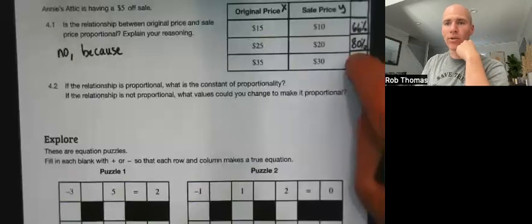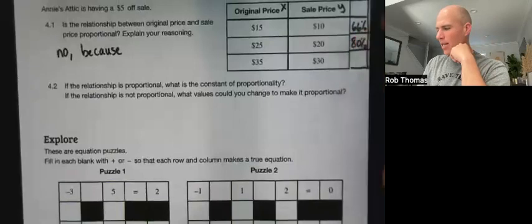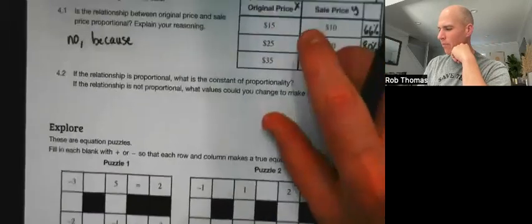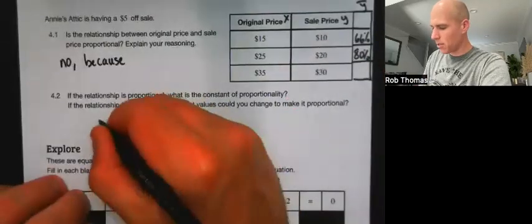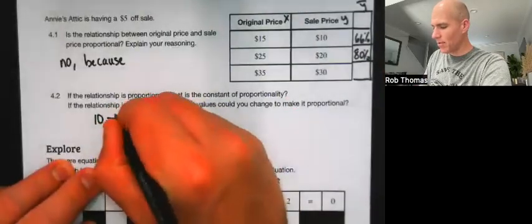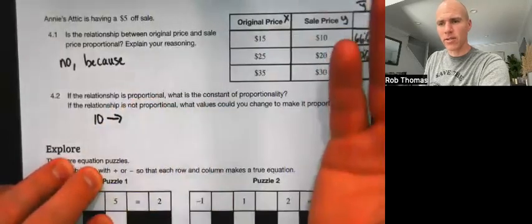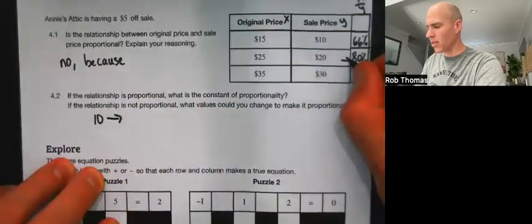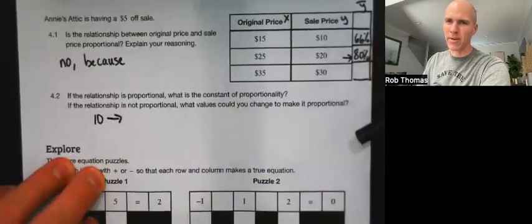Like let's say you wanted to use an 80, like all the sale prices were 80% of the original, then instead of $10 it would have to change to whatever 80% of $15 is. So it would match this one. I just chose this one here in the middle just because I feel like 80% is easier to deal with than 66%, right?